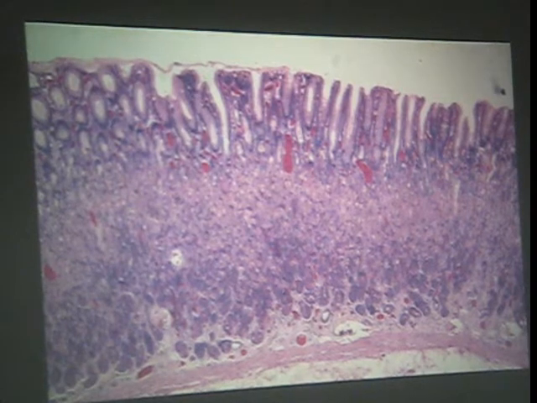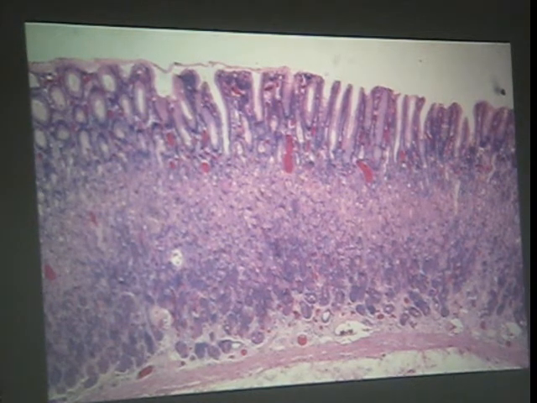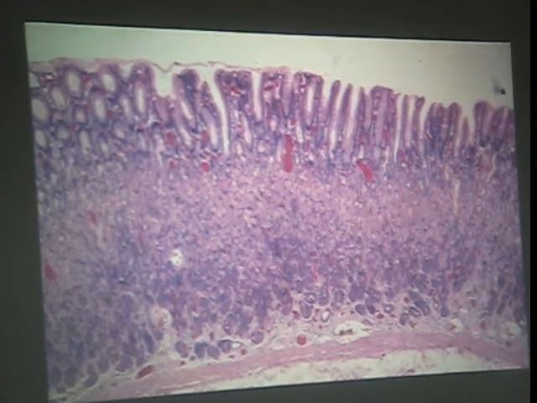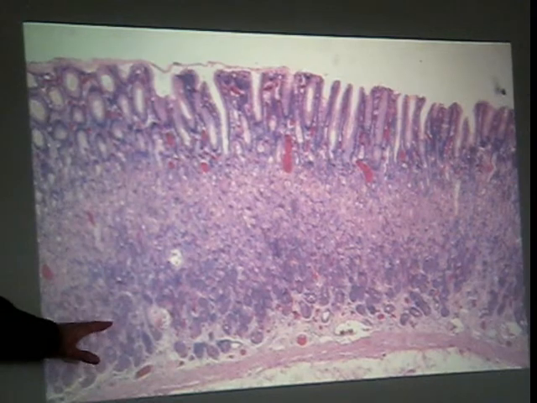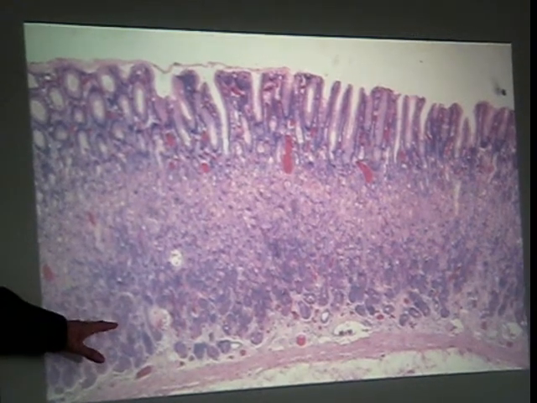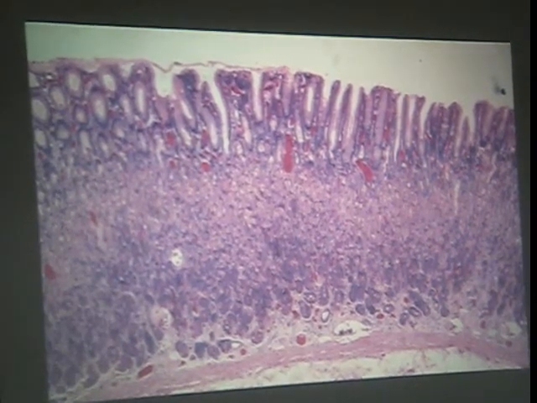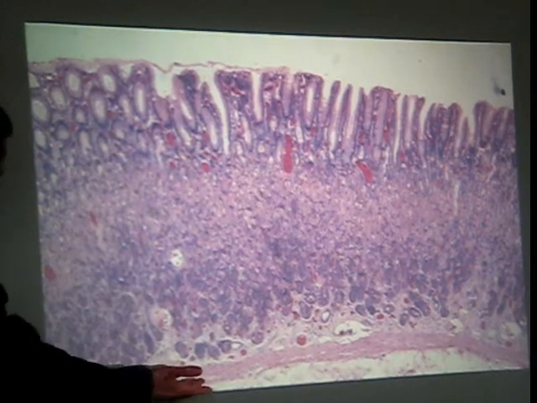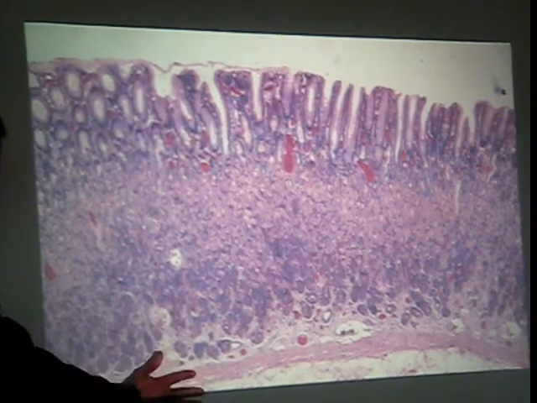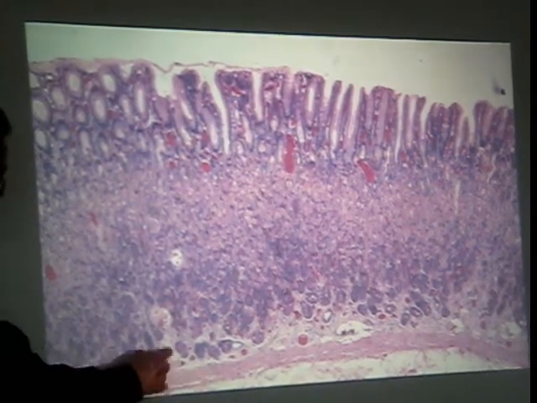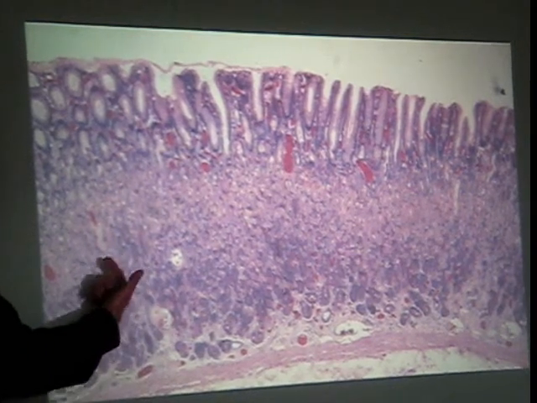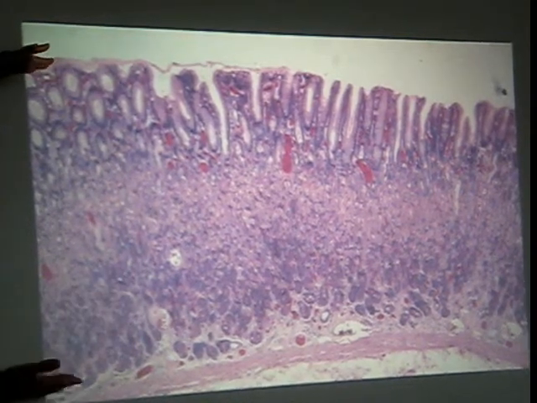Fundic or corpus, or body of the stomach, not at the gastroesophageal or the gastroduodenal junction. And we know that because we look down here in the gastric glands and they're not mucus, right? All right, so the mucosa then is here. So we've got muscularis mucosa, we've got a lamina propria that's surrounding these glands. We come all the way up to the surface, right?